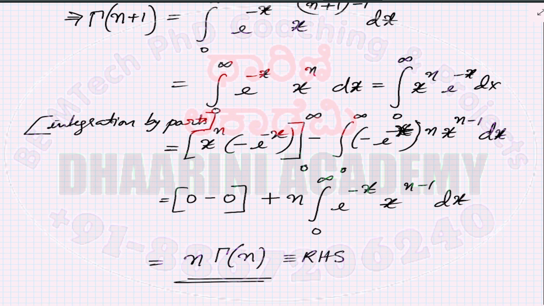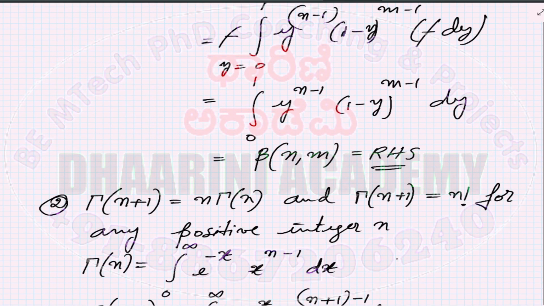I started with the LHS, that is gamma of n plus 1, and I ended up getting n into gamma of n. That's my first part of the proof, because the question said that there are two parts. So the first part is done.